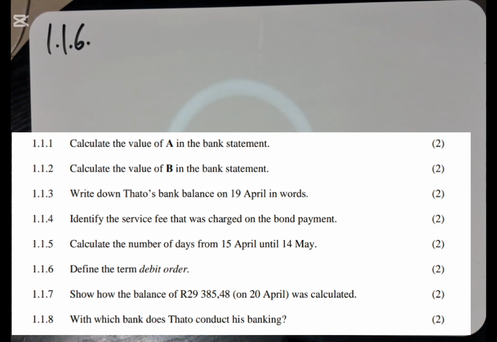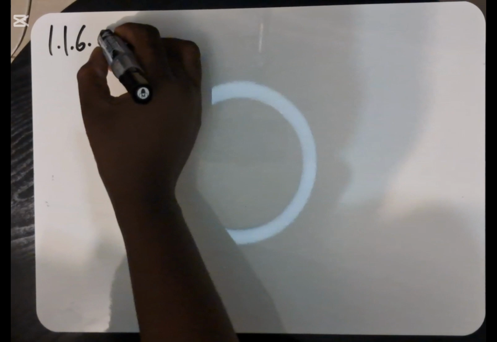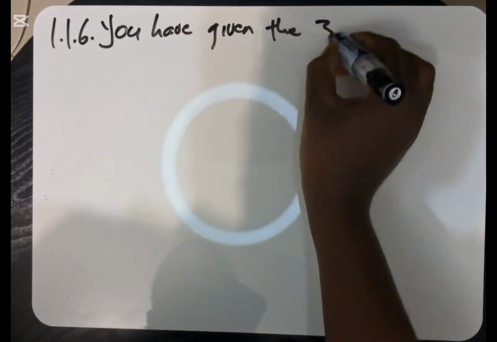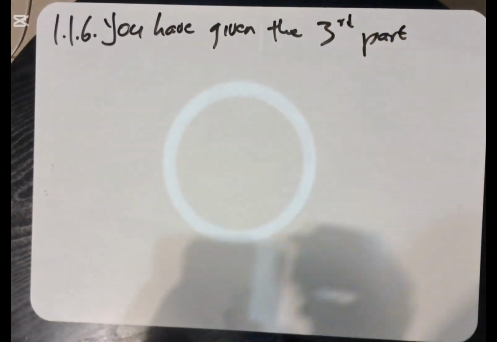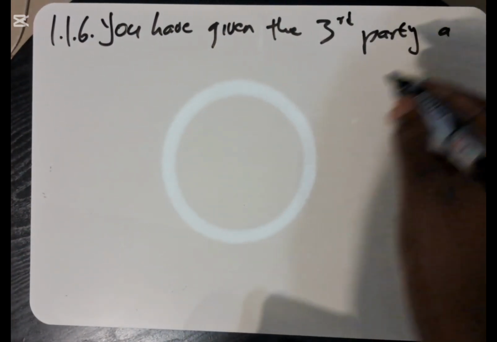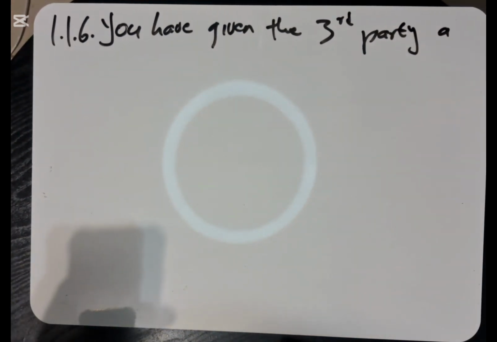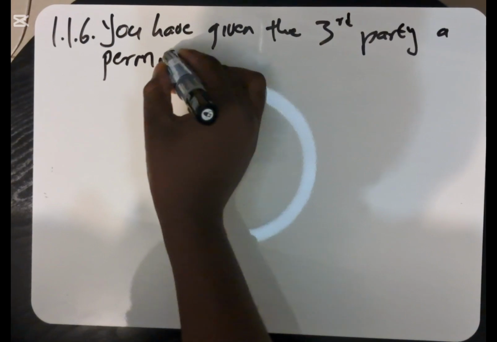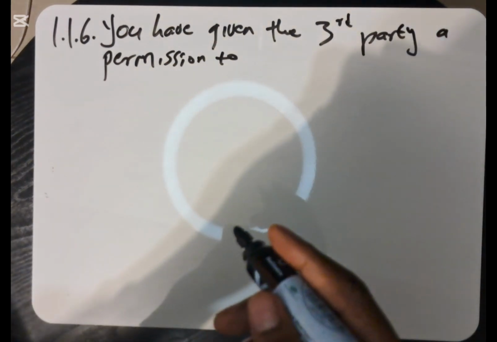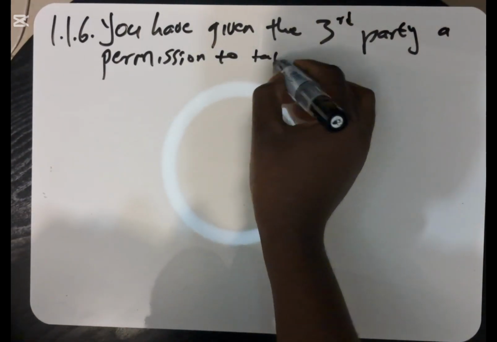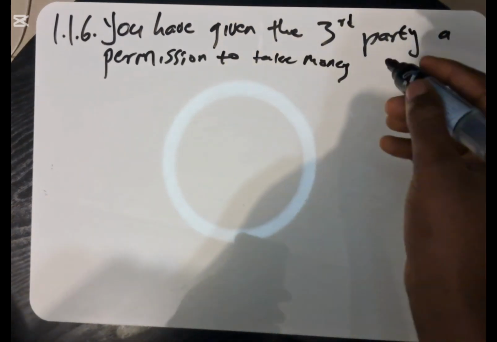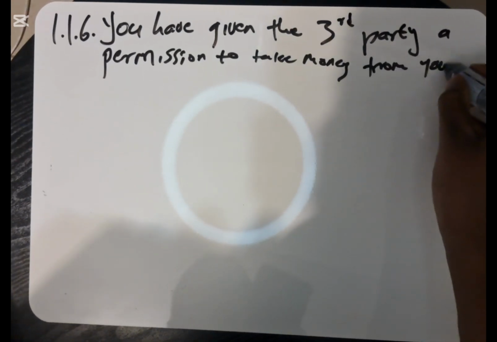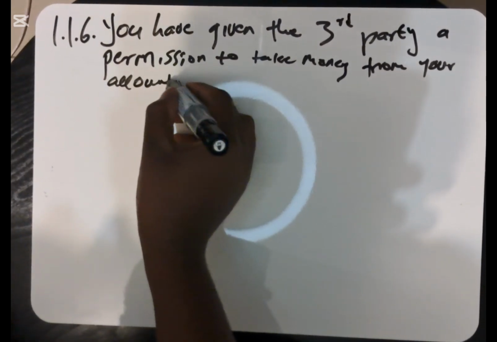Define the term debit order. A debit order is when you have given a third party permission to deduct money from your account, let's say monthly.